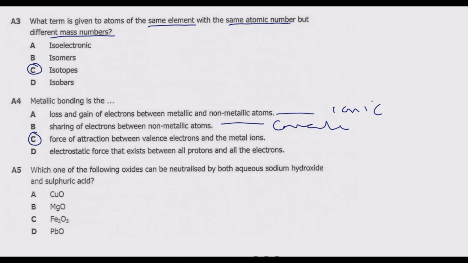Which one of the following oxides can be neutralized by both aqueous sodium hydroxide and sulfuric acid? So we are looking for basically an oxide which can be neutralized by aqueous sodium hydroxide and acid.